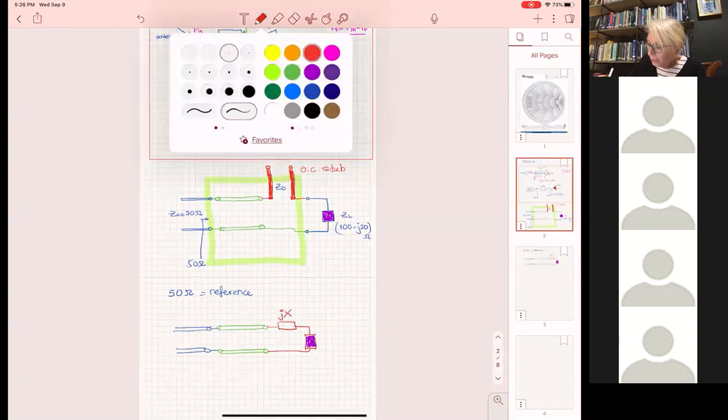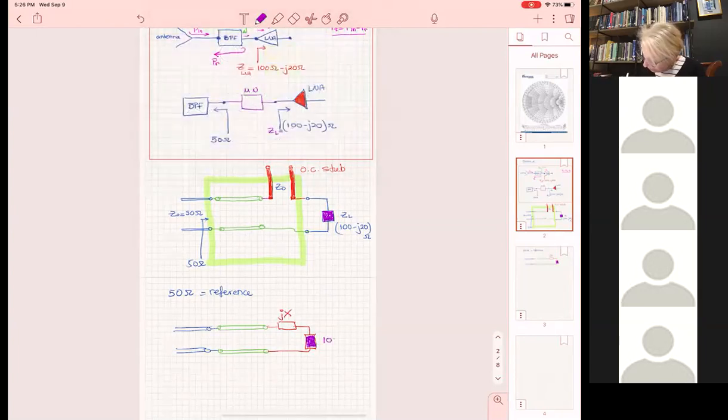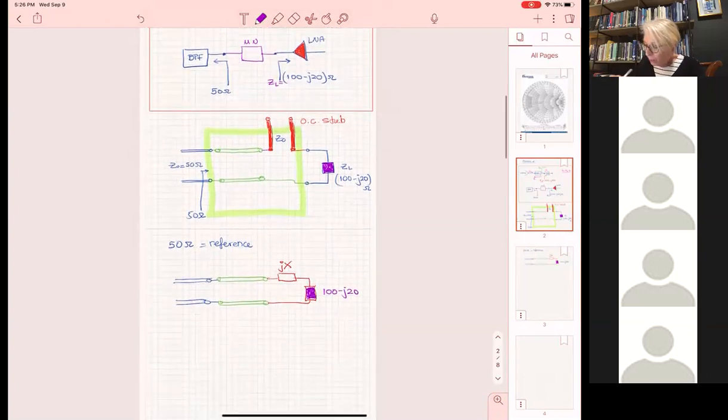My load is 100 minus j20. So now I have to design the stub, which is open circuited. So the stub gives me jX as input. Here, for example, I will redraw the stub. So my stub looks like this, open here.